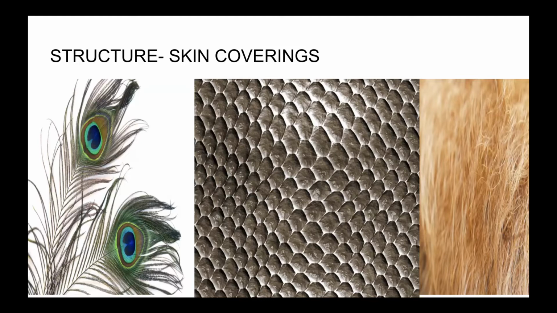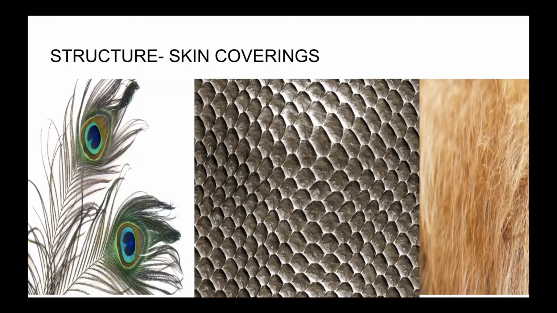Also, the snakes don't have eyelids, so they have a scale that's clear over their eyes. So the structure is the scale and the function is to protect the eye. Now over on the far right is fur. It's from a mammal. Mammals have hair or fur, and it protects the animal from cold, from wind, from water.